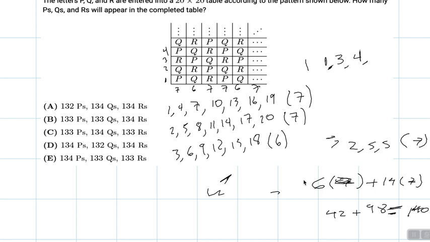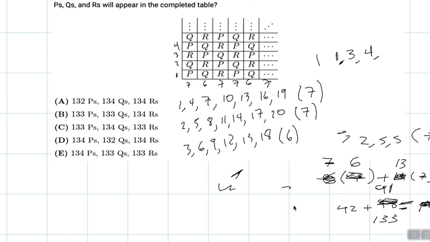Oh, wait, I think I've done this wrong. So 7 is the number of columns, and it's going to show up 6 times. So rather, if we're talking number of columns, this should be 13. Yeah, that makes sense. So it is 42, plus 7 times 13 is 91. So this will be 133 P's.